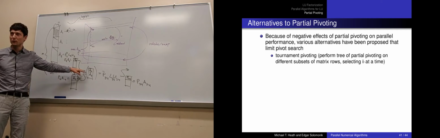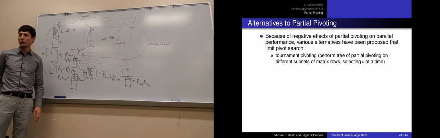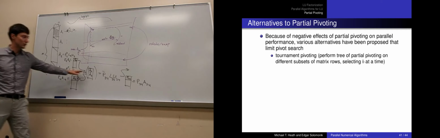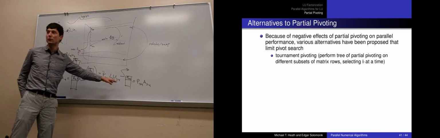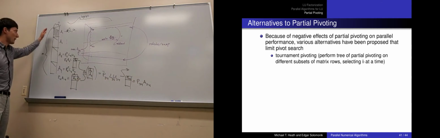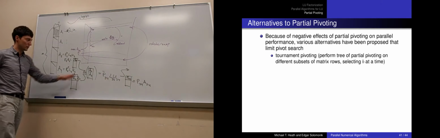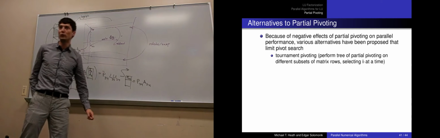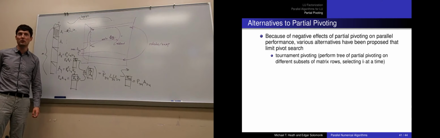So these LUs, right, which happen for the tournament tree, are extra work, which are just being used to select the final pivot rows. And then we're just discarding these LU factors. So we'll actually go back and recompute a whole LU factorization again. But this tree of factorizations is purely overhead. The tree costs about as much as an LU factorization itself.